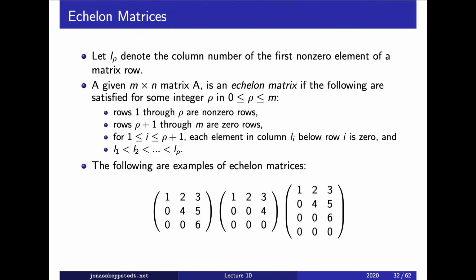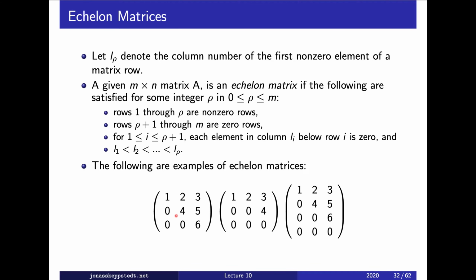An echelon matrix is a matrix which is exactly defined here, but it's much quicker to just look here. The leading number of zeros is either the same or increasing when we go from one row to the next.